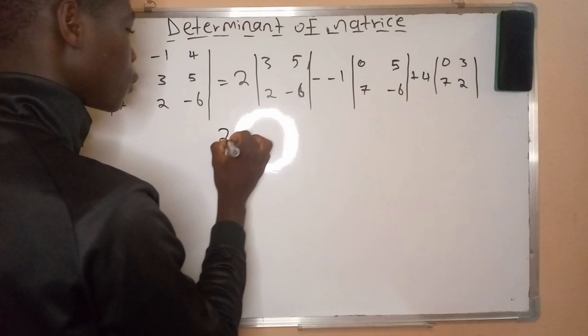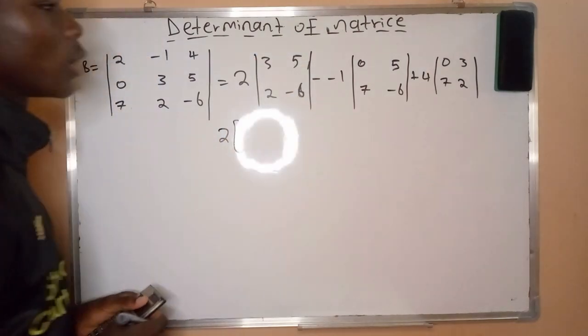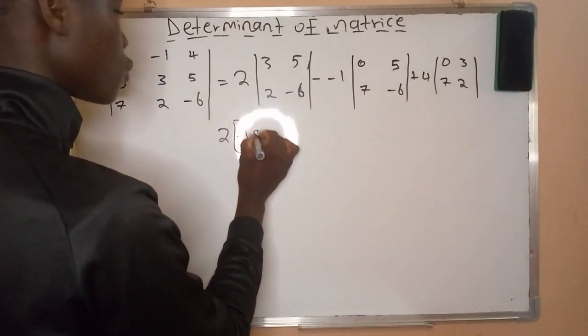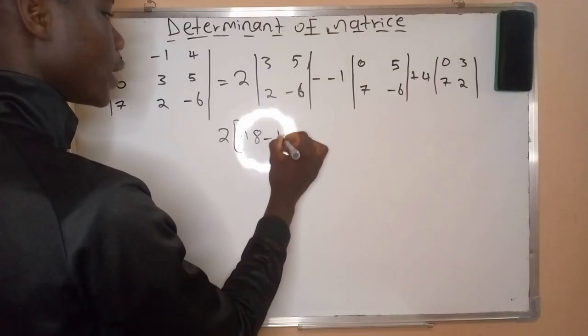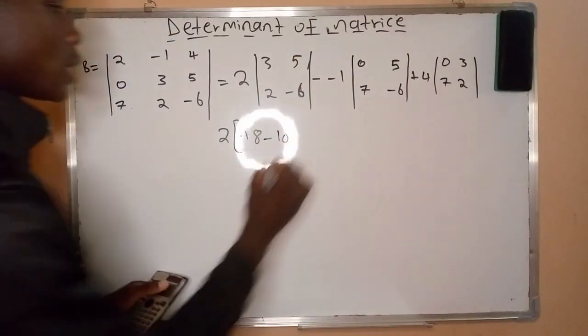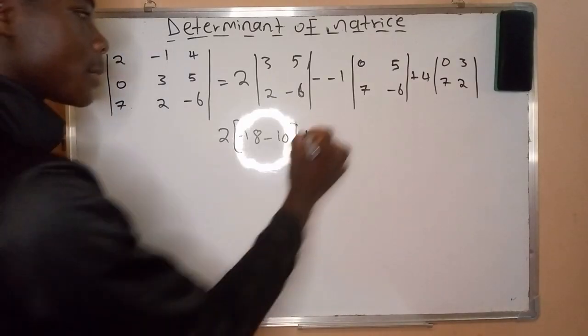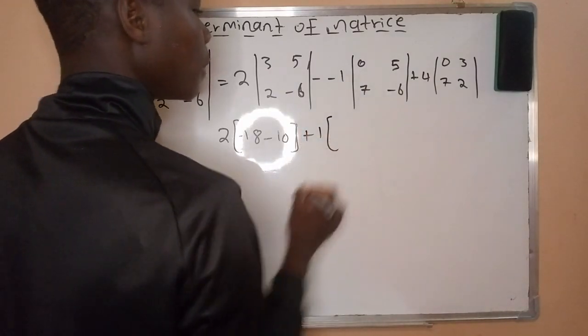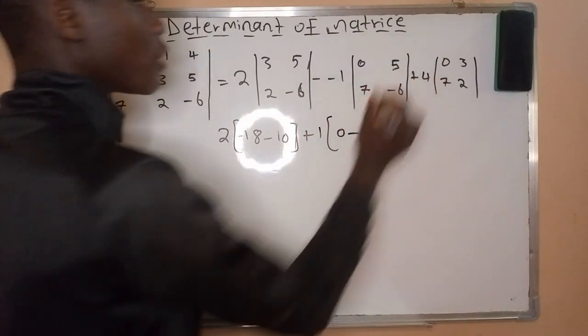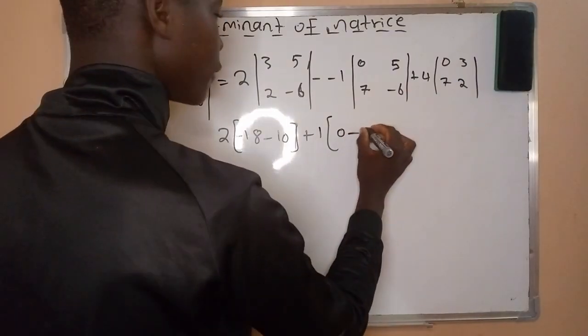So I have to solve it: 2 into 3 multiplied by 6 is minus 18 minus 10. 2 multiplied by 5, which is 10. And therefore, plus, because minus is a positive sign, 1 into 0 multiplied by minus 6, which is 0 minus 7 multiplied by 5, which is 35.